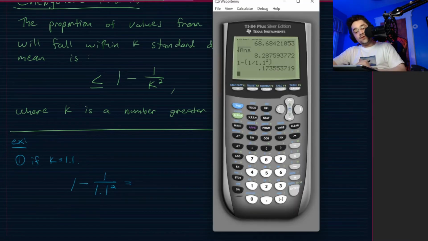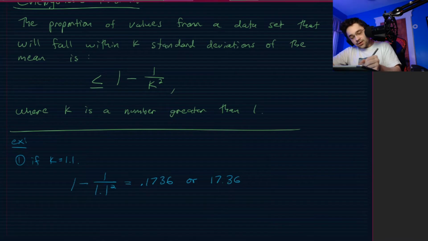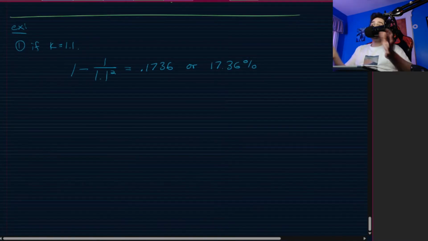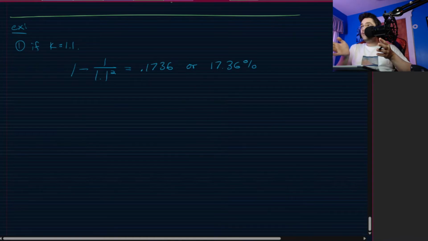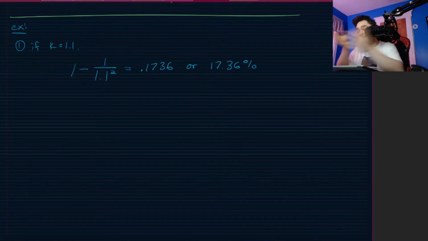So this ends up giving us 0.1736 or 17.36%. So that gives us a minimum, a floor of the percentage of values that fall within 1.1 standard deviations. We know it can't be less than this.